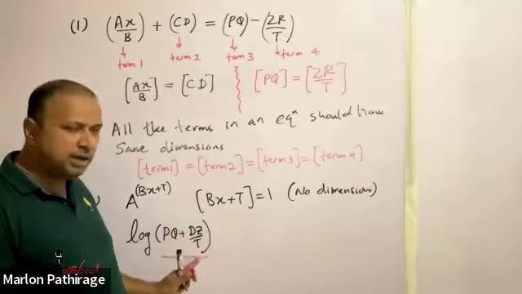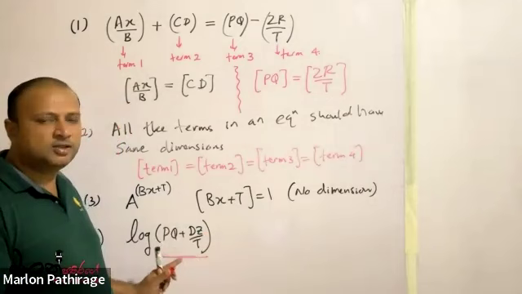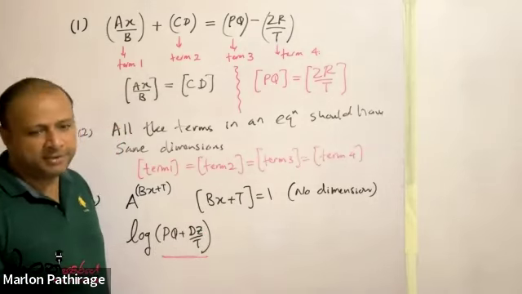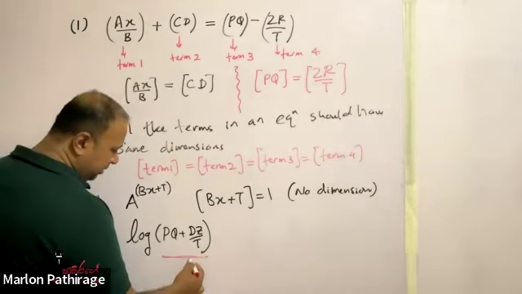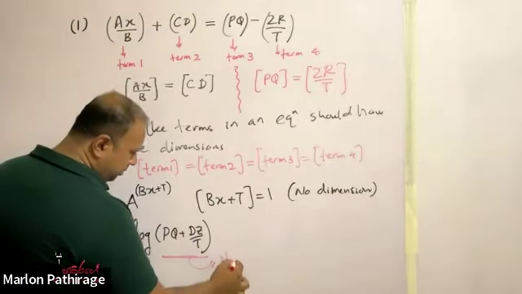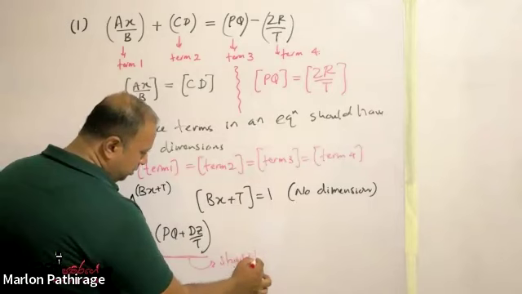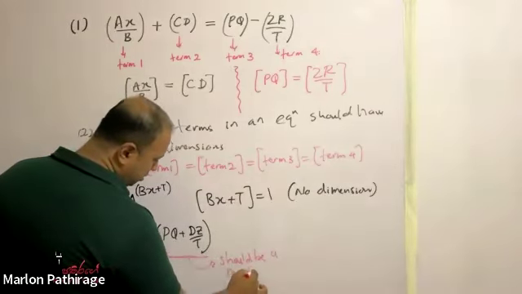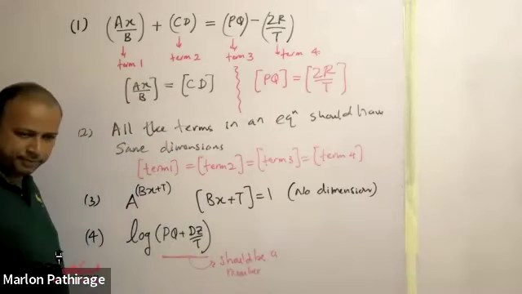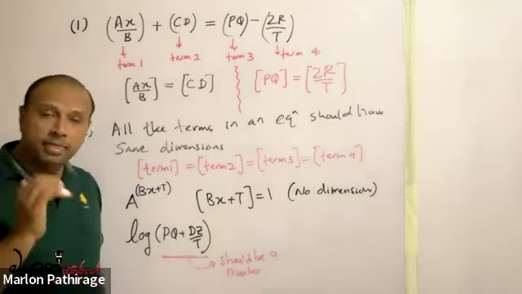This expression should be a number because this is the index. This is the value of index. And therefore, this expression should be a number.